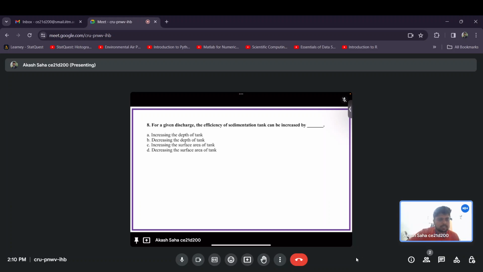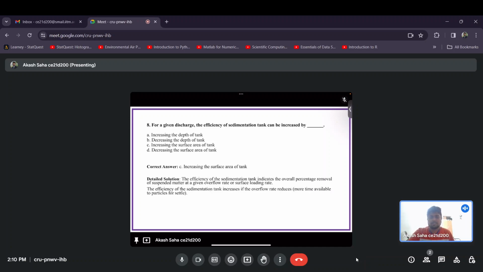So we'll see the correct answer. The correct answer is increasing the surface area of the tank. Now we'll see how increasing the surface area of the tank will help in increasing the efficiency. The efficiency of the sedimentation tank generally indicates the overall removal of the suspended particles at a given flow rate or at a given surface flow rate.